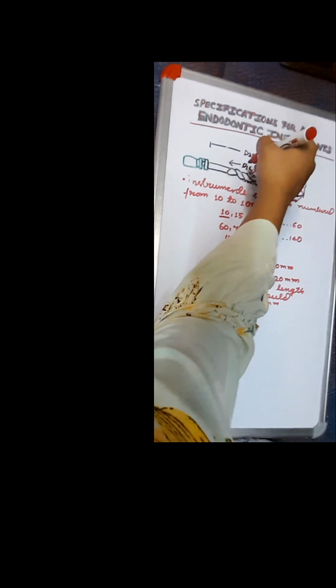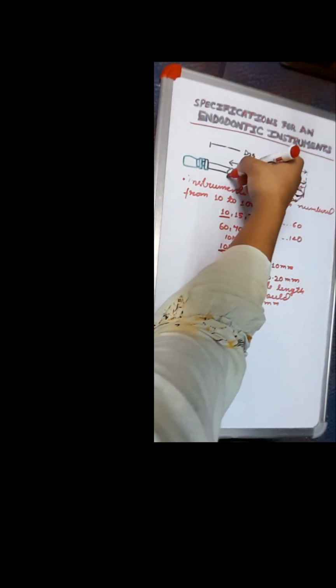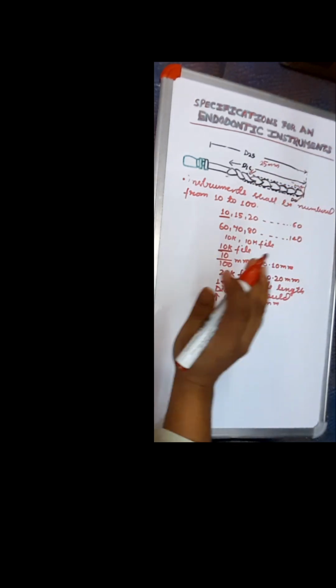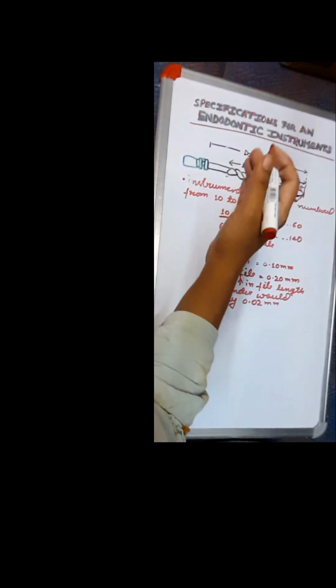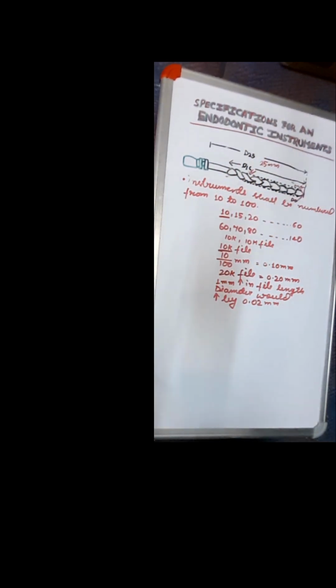So the diameter at D16 would be different from the diameter at D0, and the cutting edge of the instrument would be up to D16. The length of the instrument could be 25 millimeter or 21 millimeter, and the cutting edge would be up to D16 only. That is 16 millimeter of the instrument length.